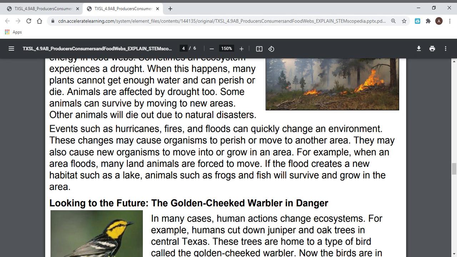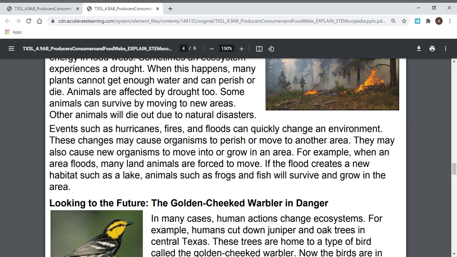Other animals will die out due to natural disasters. Events such as hurricanes, fires, and floods can quickly change an environment. These changes may cause organisms to perish or move to another area. They may also cause new organisms to move into or grow in an area.